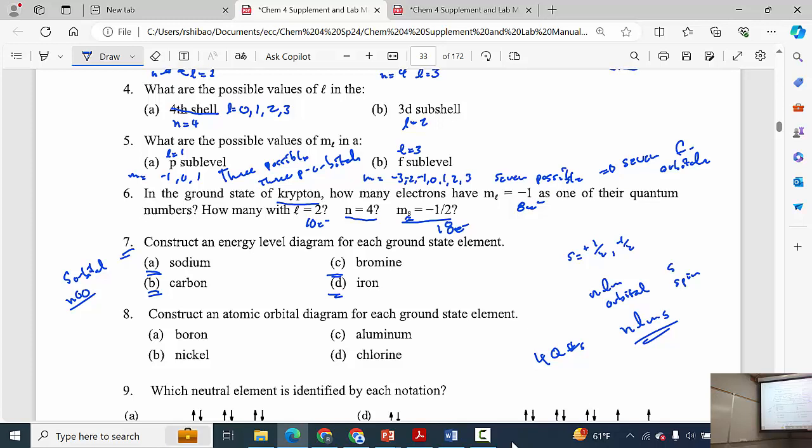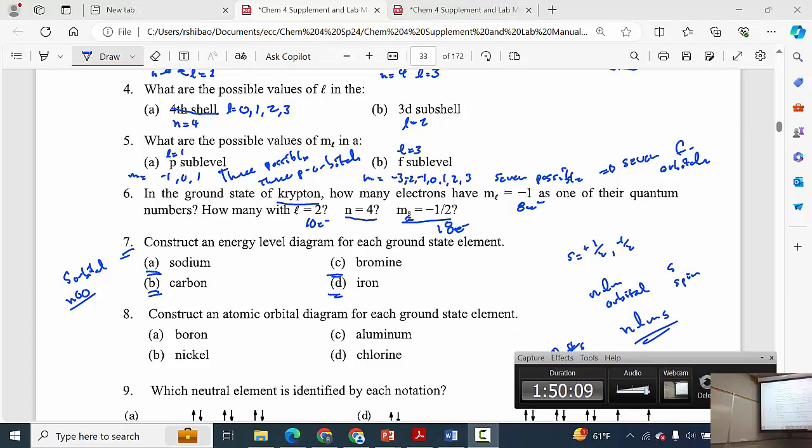So how do you memorize the energy level diagram? The way people memorize it is just draw it over and over again, and eventually you'll remember it. And so just repetition.